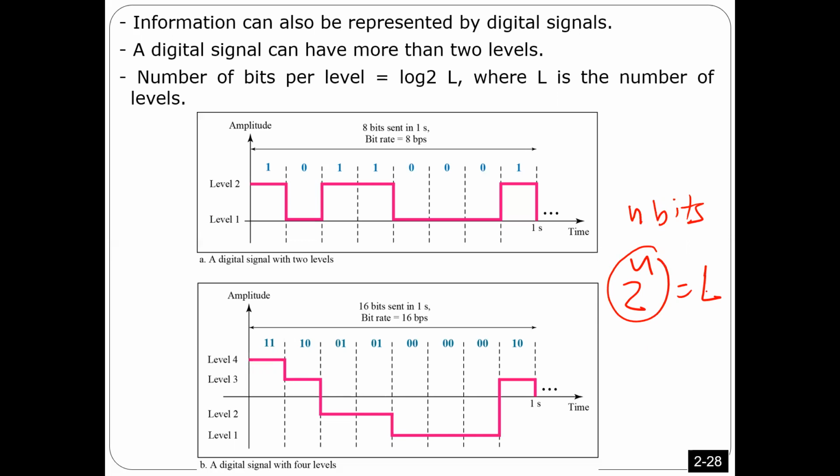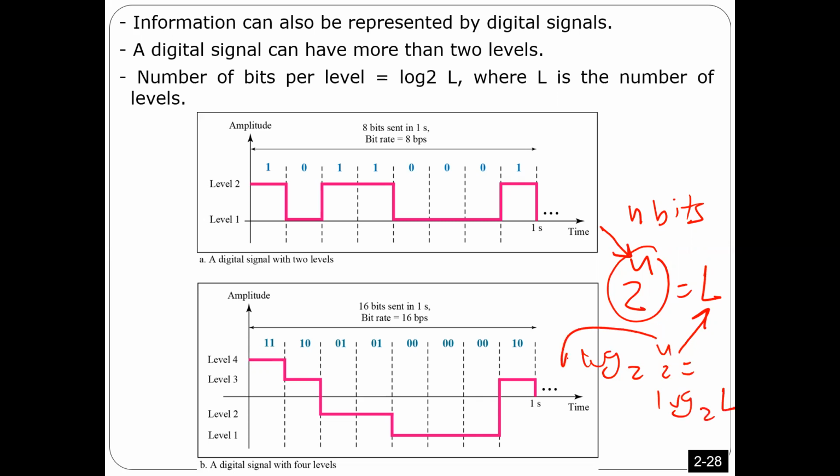But if I want to calculate n, how many bits I have, given L, how many levels I have, then if I take the log of the 2 sides, it's going to be log 2 of 2 to the power n equals log 2 of L.